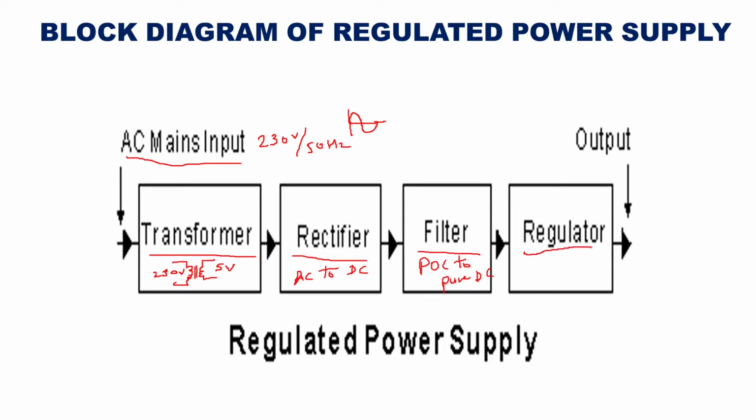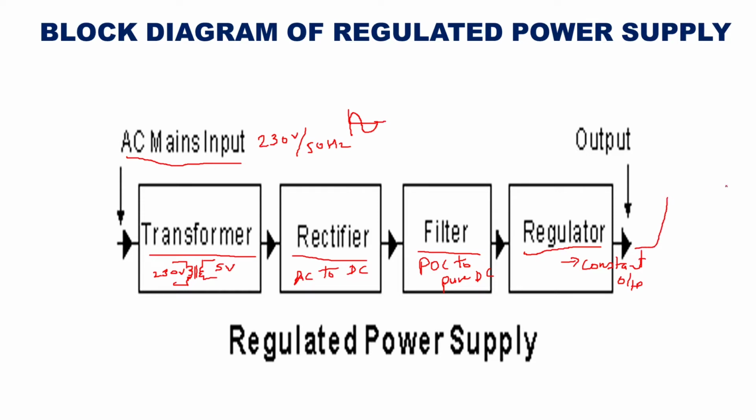Now this regulator will see that the voltage remains constant at the output, in spite of input line variation or output load variation, and then it is given to the output circuit.